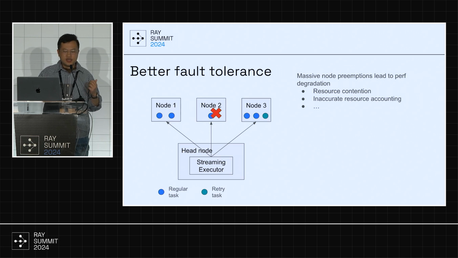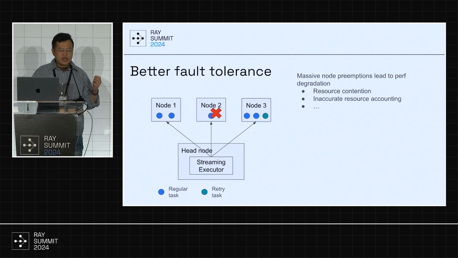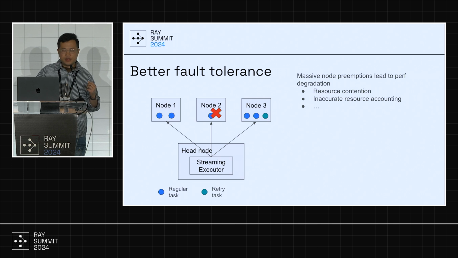This is because the node preemption and the task resubmission are transparent to the Ray Data streaming executor. Because of this, some performance issues can happen, for example, resource contention between the regular tasks and the retry tasks, and the resource accounting on the streaming executor will be inaccurate.